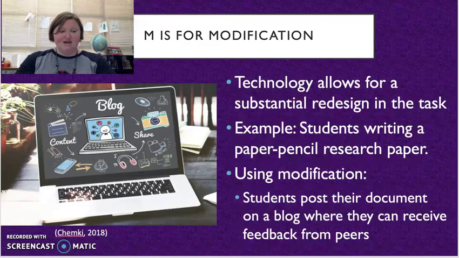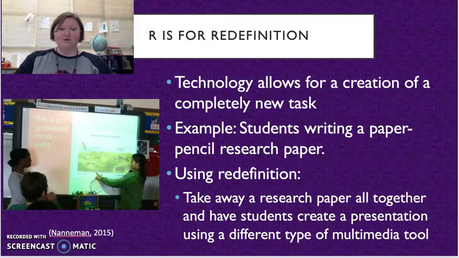The last task is R, which stands for redefinition. Redefinition is the most dramatic change in integrating technology. With redefinition, technology is integrated and allows for a creation of a completely new task.